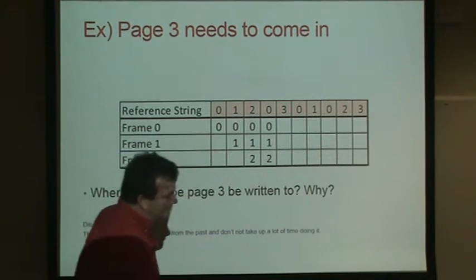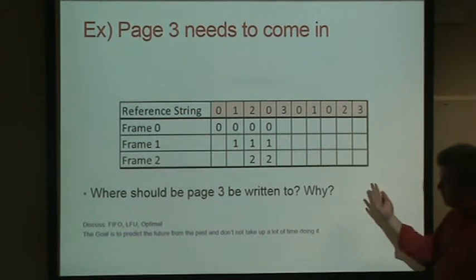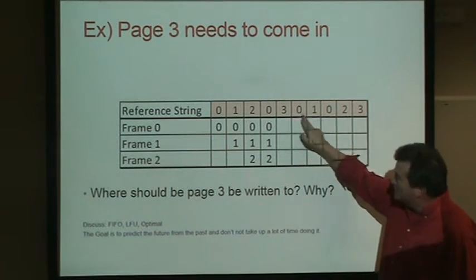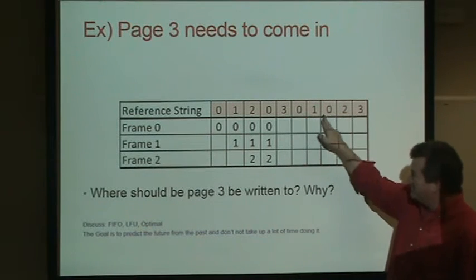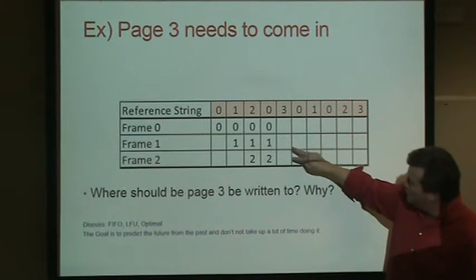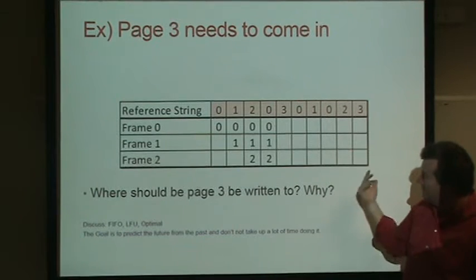There are different algorithms, and we'll revisit this. If you could see into the future, which one would you kick out? Here I showed you the future. You would kick out 2, because 0 and 1 are going to be needed very soon.